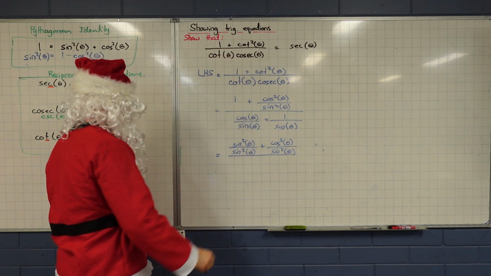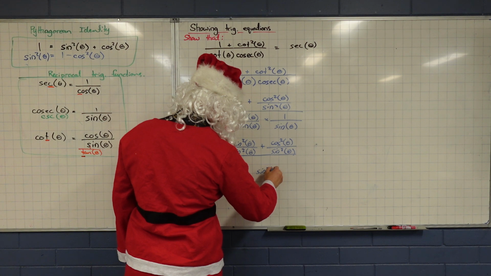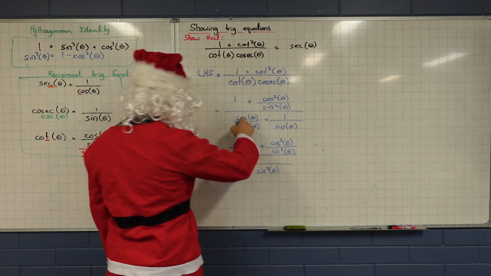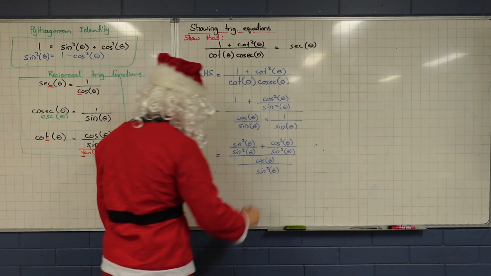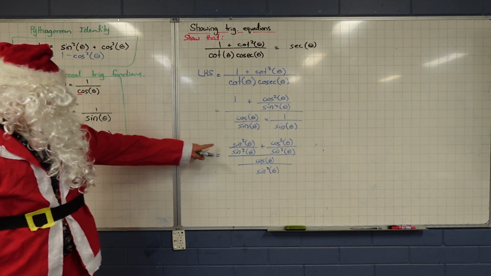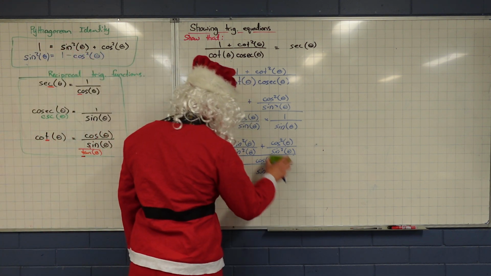Sound cool? Now downstairs, this is going to be sine squared theta, and this is just cos theta. First thing you're going to notice, these are of the same denominator, so let's put them together.